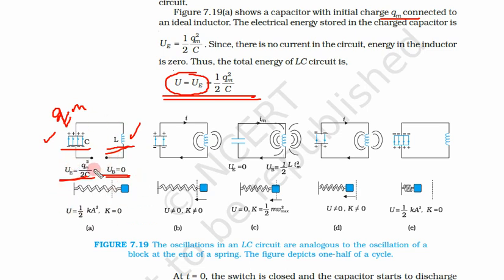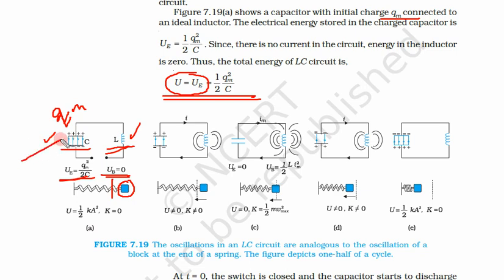Now let us go back to the mechanical oscillator, the simple harmonic oscillator in terms of mechanical oscillations. We have a spring, and we have shown the mean position. There is a mass attached to this spring and we have disturbed this oscillator from its mean position.